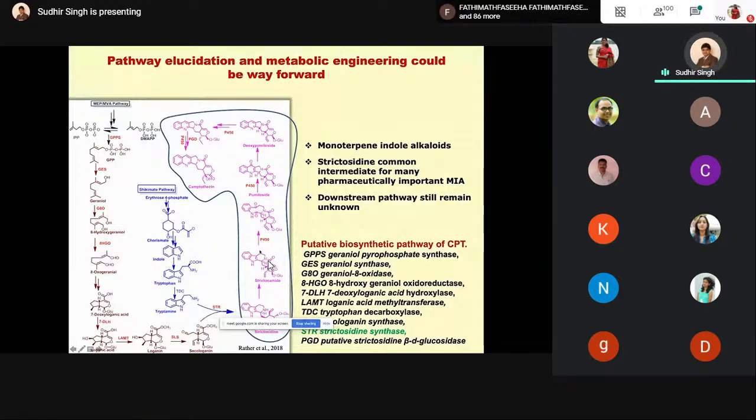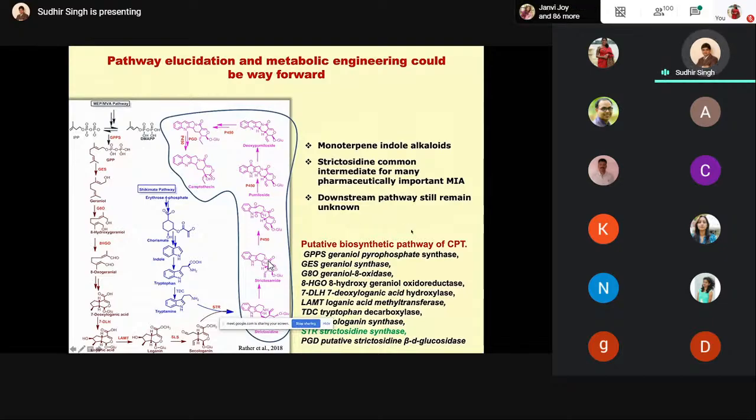In Catharanthus, it will form vincristine, vinblastine, ajmalicine. In Nothapodytes foetida or in Ophiorrhiza, it will form camptothecin. And there are several other pathways. It can also be used for several other secondary metabolite biosyntheses. But what we want is that the strictosidine that is synthesized at this step should go only to this destination. And that is what metabolic engineering is.